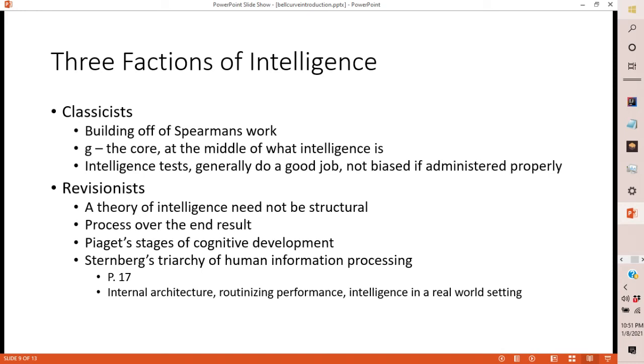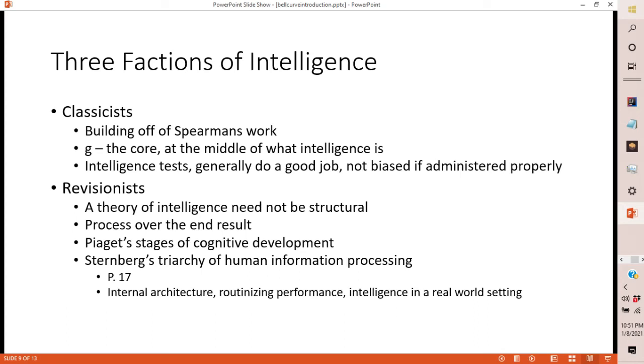Reproducing it in 1990, I get it, it's 30 years ago, but remember this book was written in 1994 or 95. So it's reproducible. They found the same thing. Definitely seemingly pointing to a heritability of intelligence.